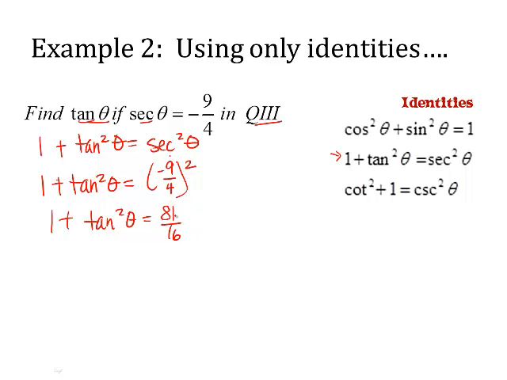All right. Now, I still need to solve for tangent. I'm going to subtract 1 from both sides. If I subtract 1, I have to get the common denominator 16. So that gives me 65/16. That's tangent squared.